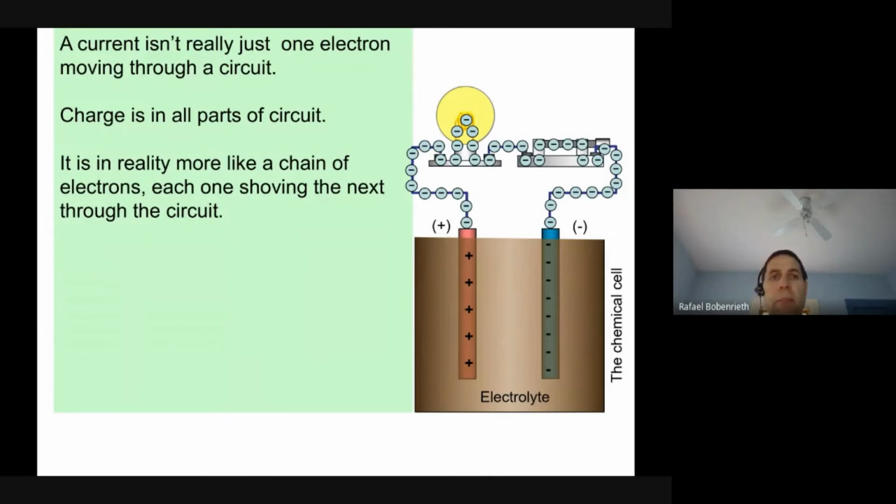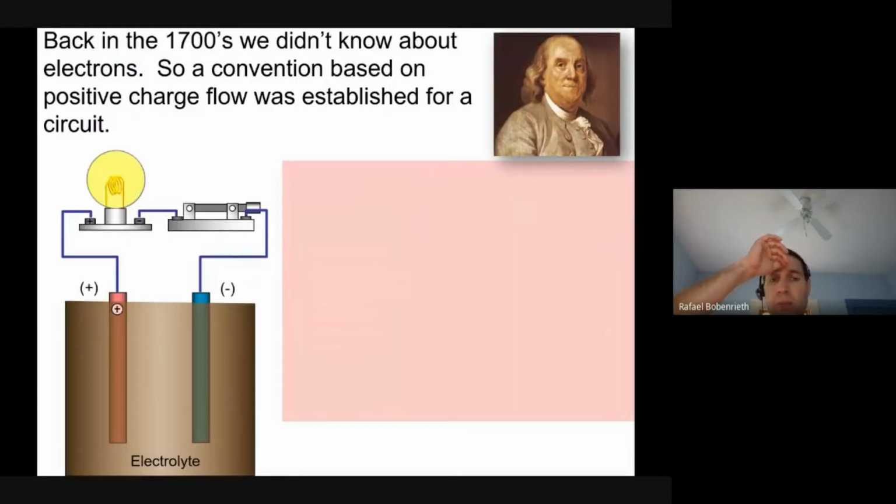okay? But back in the 1700s, when scientists first started studying electric circuits and batteries and stuff, we didn't know about electrons. So back then, the convention was established that when we talked about the electric current flowing through a cell, so to speak, we always talked about it in terms of the flow of positive charge, okay?